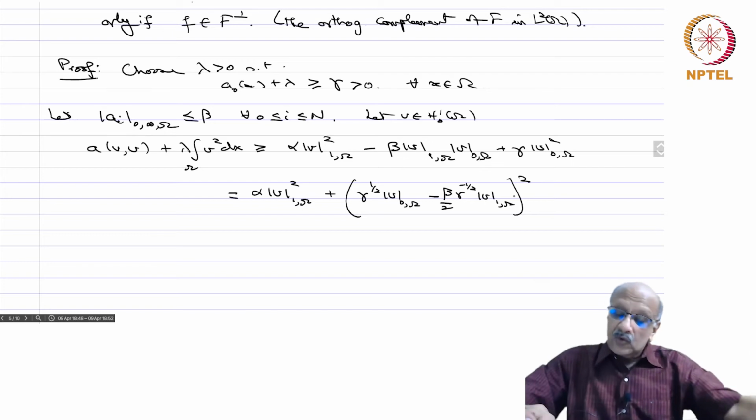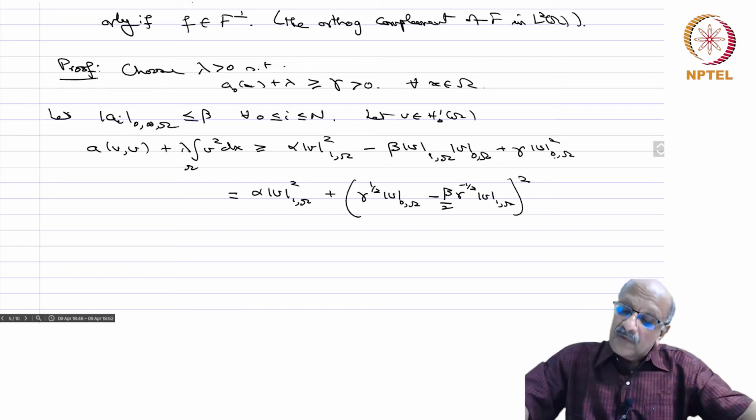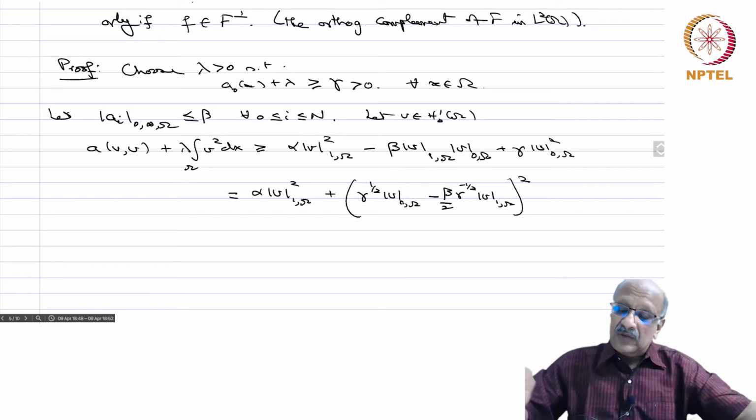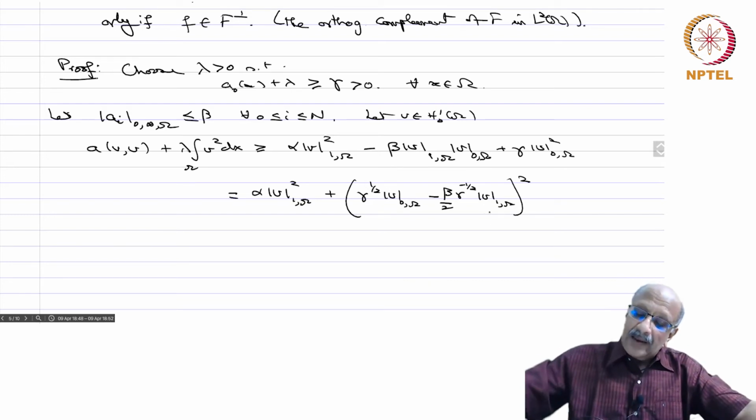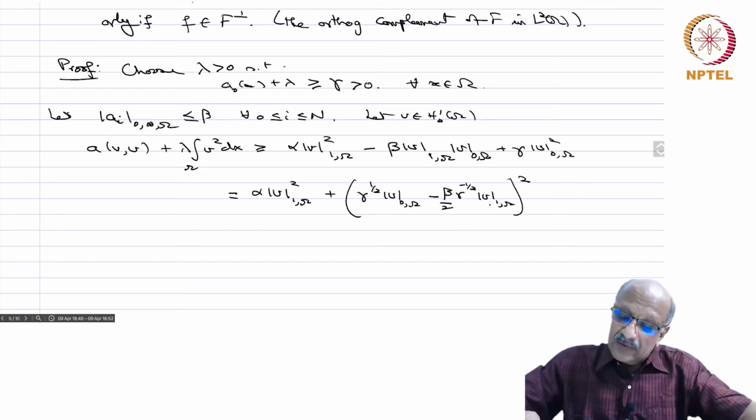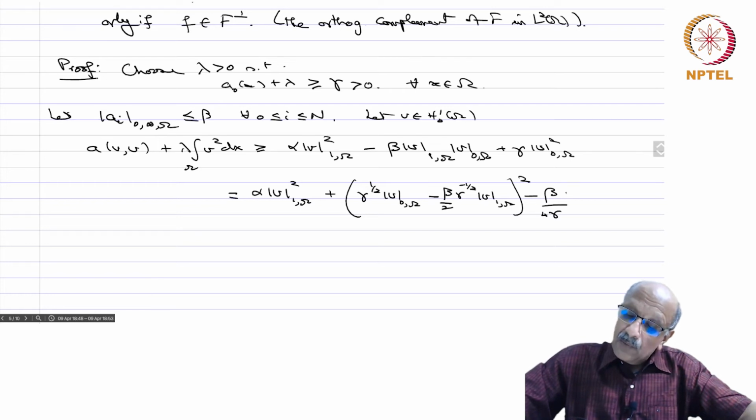So if you take the square term, you have gamma mod v square 0 omega, which is already there, minus 2 beta, and then the gamma will get cancelled, and the 2 will also get cancelled, beta times mod v 1 omega mod v 0 omega. So we have this thing, and then we have a cross term, the second term, which is this one, so we have to subtract that, minus beta square by 4 gamma times mod v square 1 omega.